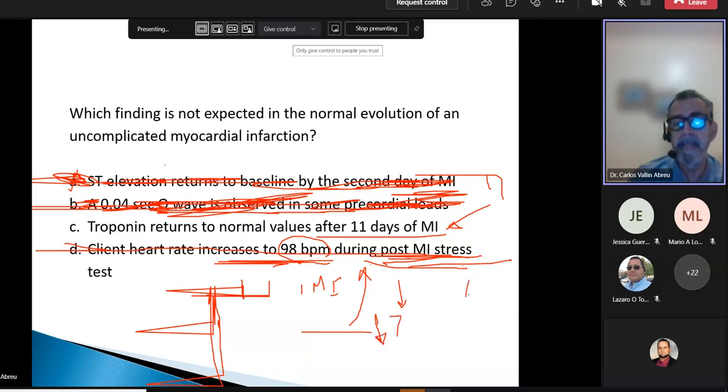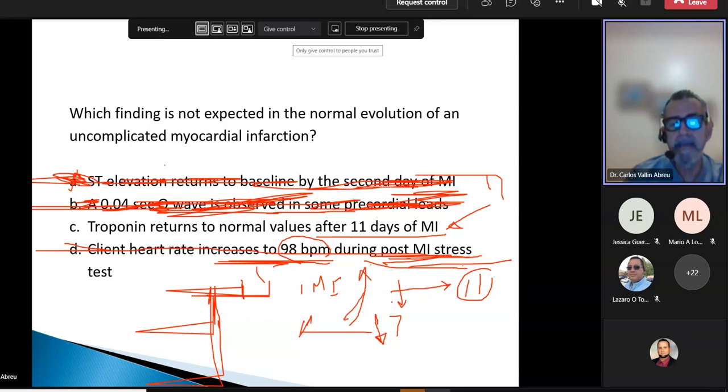Now the troponin stays elevated 11 days. What could explain this? Reinfarction. You can have a patient who has an infarction, and now you can have a reinfarction or extension of the infarction. So on the first day there is the first infarction, and troponin elevates.